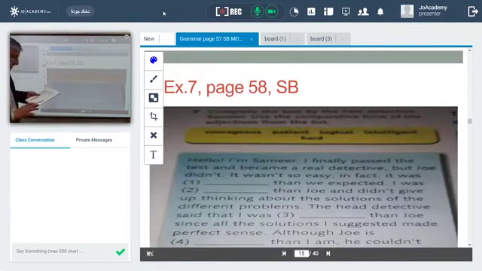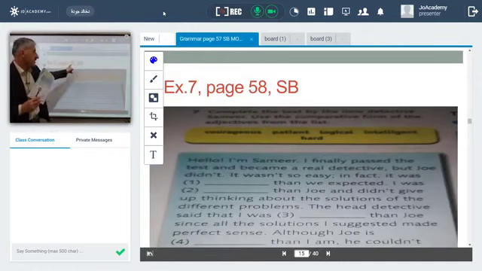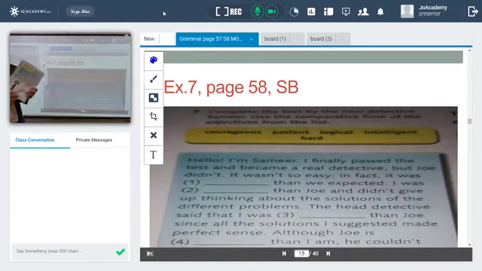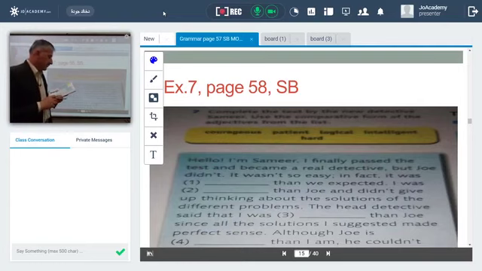Also, we have exercise 7, page 58. Open your books. We have the last one. Complete the text by the new detective Samir. Use the comparative form of the adjectives from the list. Look at the list here.